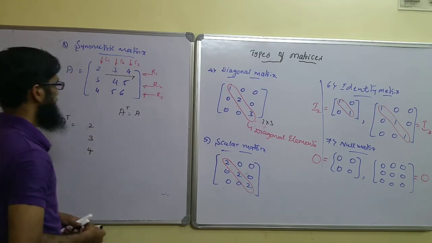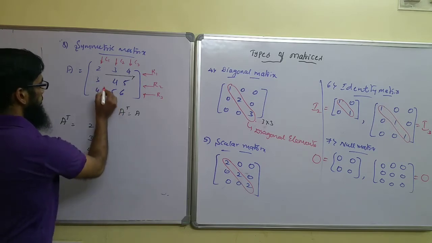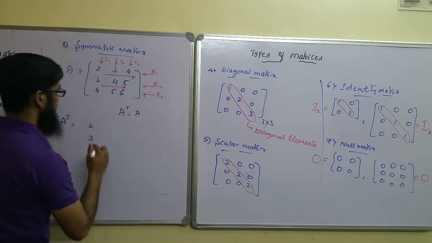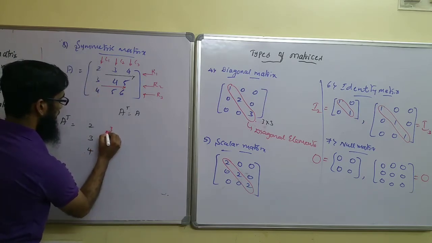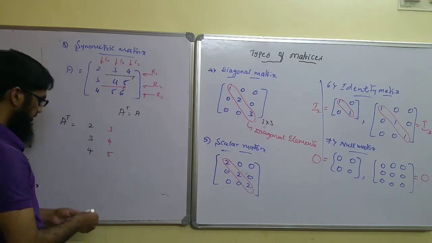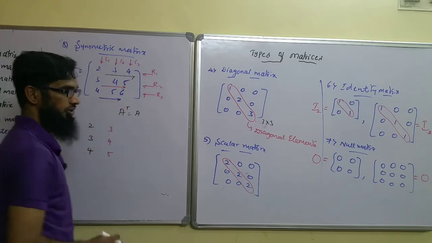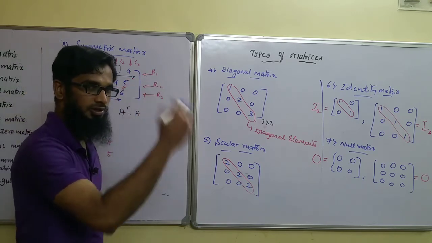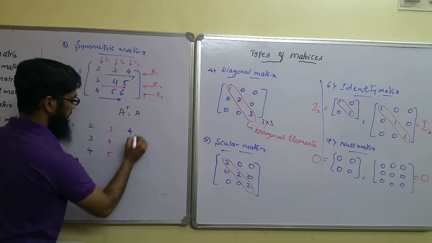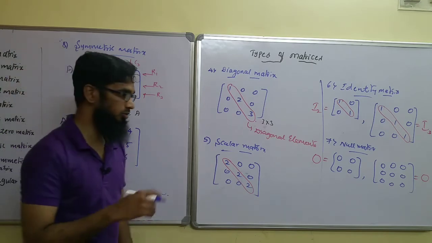The second row I'll interchange to the second column, so this becomes 3 4 5. Again, the third row will be interchanged and written as the third column, so this becomes 4 5 6. I hope you have understood this one.